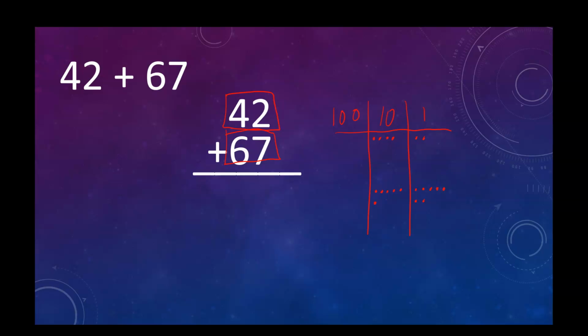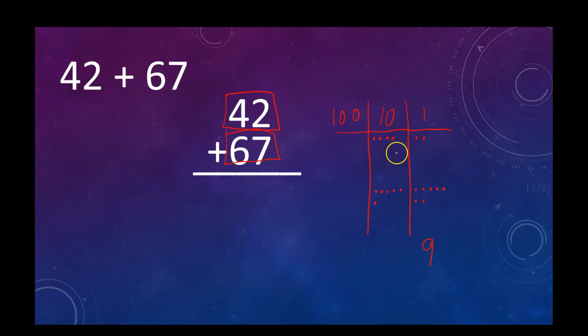Now we need to see if we can bundle any of these over to move to the next column. So in the ones place, we'll start in the ones. Let's see if we can bundle any of these. We start with 2 up here and count on from 2. 2, 3, 4, 5, 6, 7, 8, 9. We don't have any here to bundle, so let's put 9 down here in the bottom because that's how many we have in this column. Now let's see if we can bundle any of the tens.